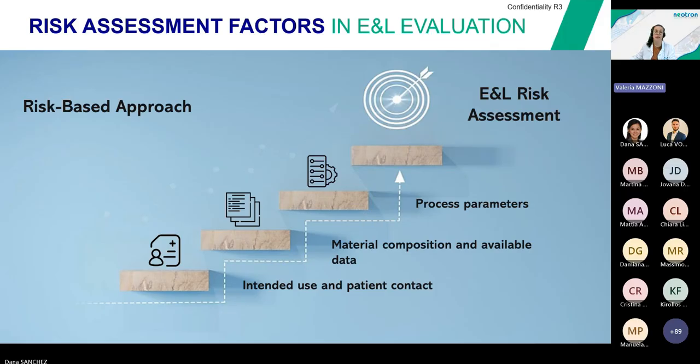So in these low-risk scenarios, a targeted leachable assessment or sometimes no further testing may be sufficient, as long as the justification is scientifically defendable. So we can say that this approach doesn't just help reduce unnecessary testing, but it also streamlines development timelines, aligns with regulatory expectation, and ensures patient safety through evidence-driven decision-making.